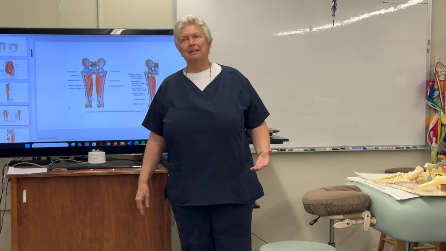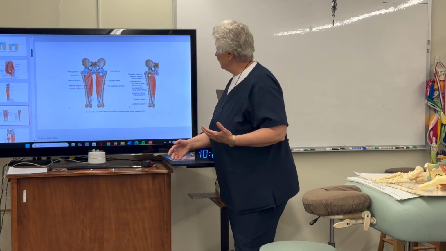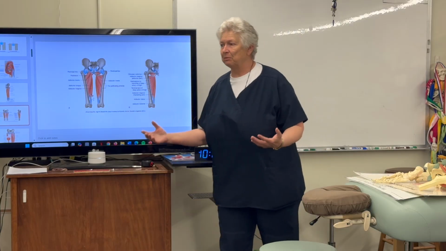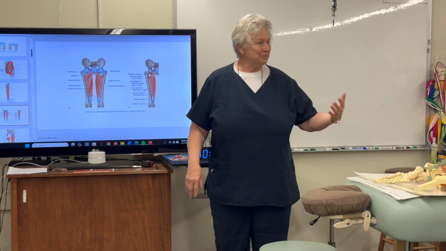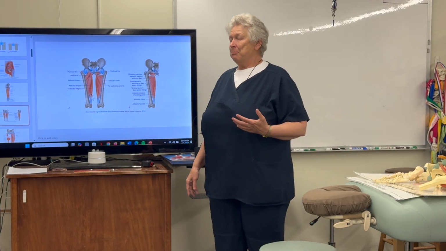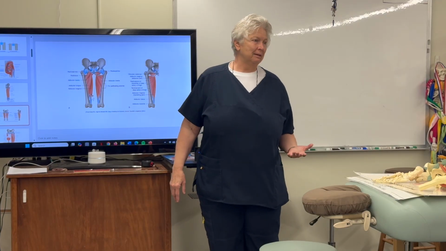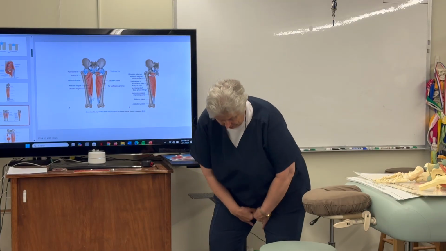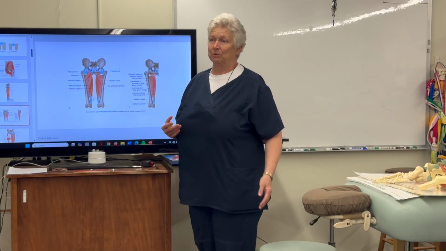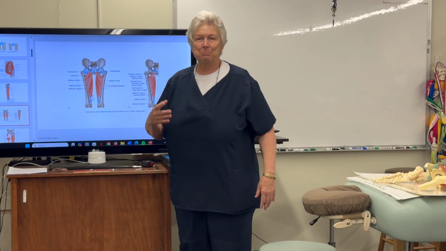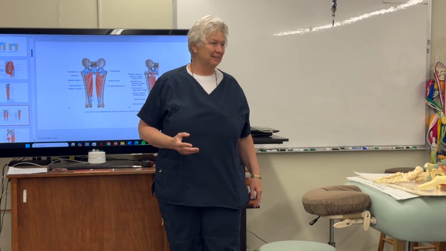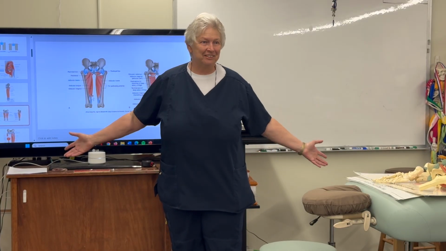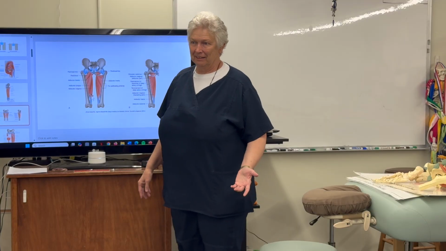So now we're starting to get into some of the misconceptions again, when people will say, my adductors are really tight, my hamstrings are really short. Maybe, maybe not. These muscles are hard to get to if you only use prone and supine positioning. They're easy to get to if you use sidelying.